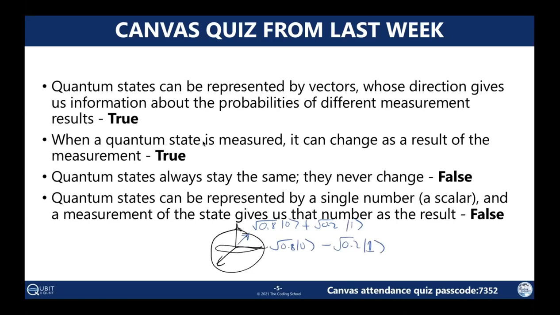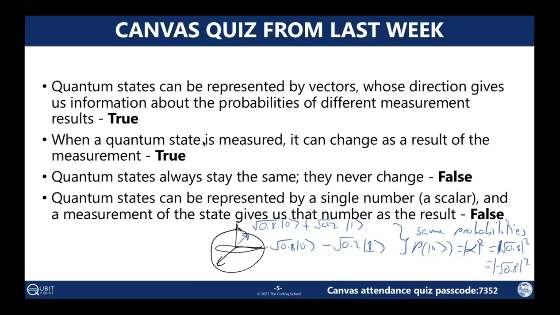If we instead had this state, these both have the same probabilities, because our probability P of being in the 0 state is equal to, we often call it alpha, the absolute value of alpha squared, which is equal to the absolute value of square root of 0.8 squared, which is equal to the absolute value of negative square root of 0.8 squared, which is of course just 0.8.